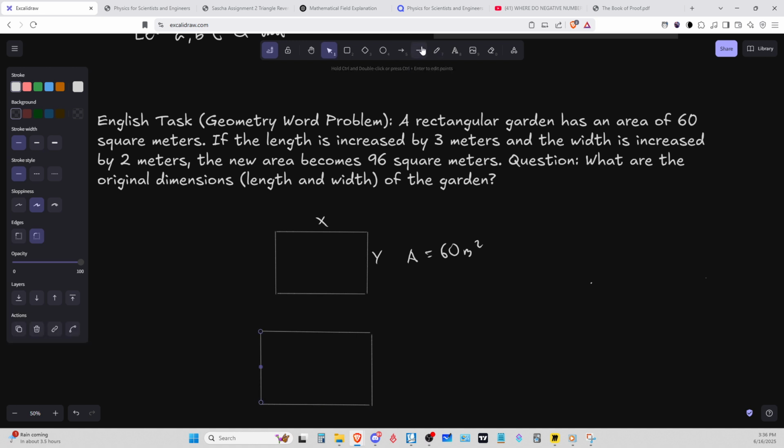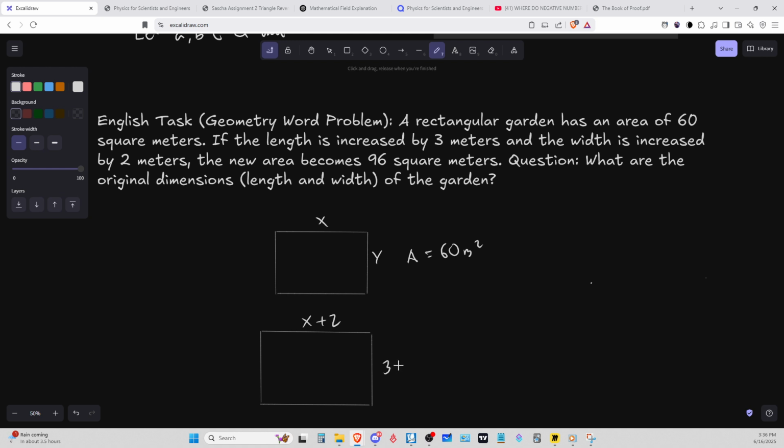Okay, so now we have, basically, and its new area is 96 meters. Okay. Oh, 96. Right. Sorry.